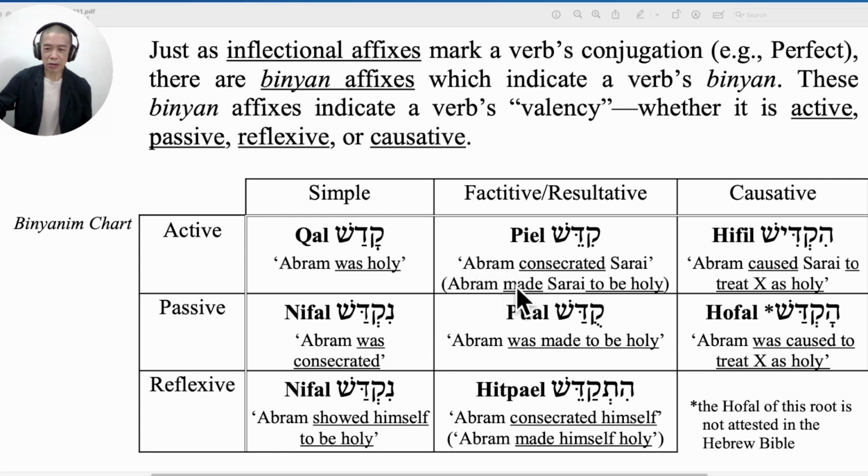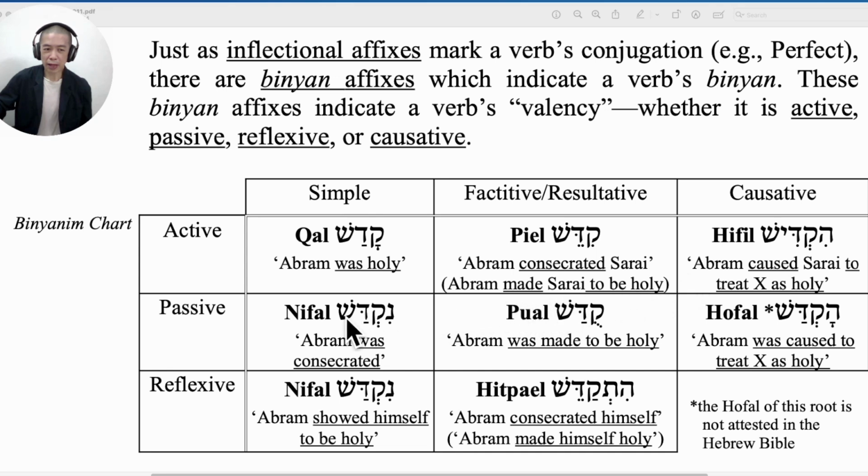Abraham made Sarai to be holy. You will see the Piel form Qidash. If we see the Hifil form like Hiqdish, it could mean Abraham caused Sarai to treat X as holy.